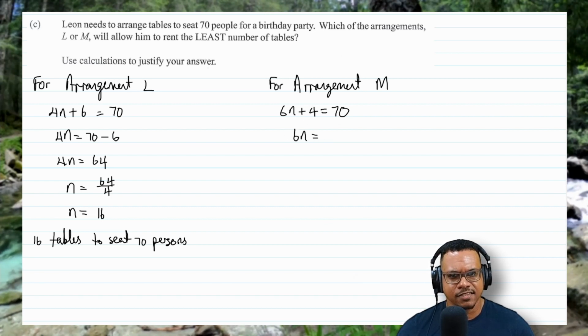So we have 6n is equal to 70 take away 4. So 6n is equal to 66. So now we have the 6 multiplied by the n. When we transfer it across the equal sign, the operation will change to division, and we'll have 66 divided by 6. So n is equal to 11. So that means we need 11 tables to seat 70 persons using arrangement M.